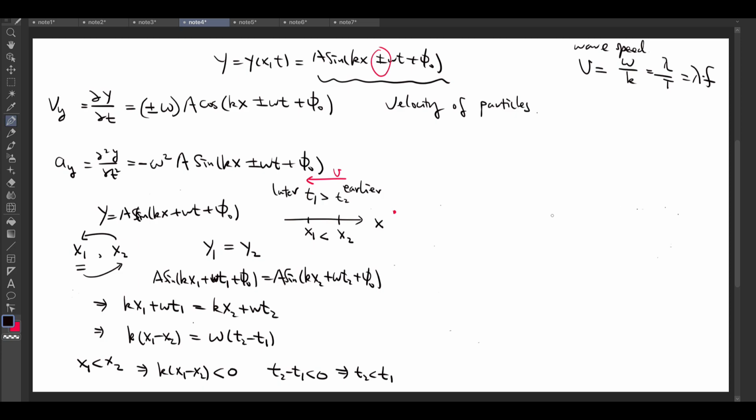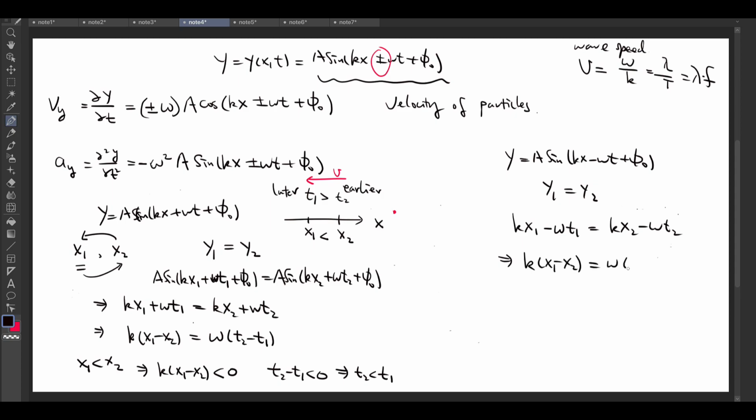We can do the same thing for the negative sign. Again, we assume two points x1, x2, and they have equal y. Let me write down the arguments of the sine function directly, and then rearrange these two terms. Again, we assume x1 less than x2.